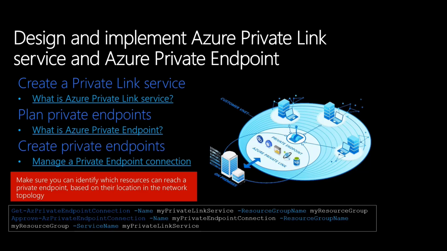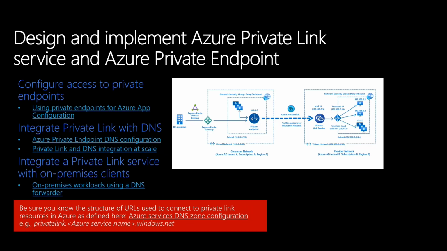So it's very important to understand this concept and make sure that you understand which types of resources would be reachable at a private endpoint or using Private Link based on their location in a network topology. You can use, for example, private endpoints for Azure App Configuration in order to allow clients that exist on a virtual network to access data securely over a private link.